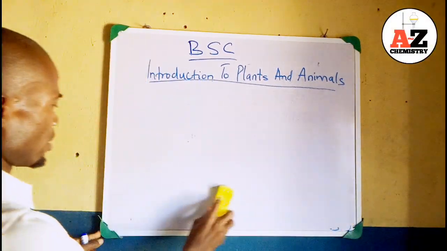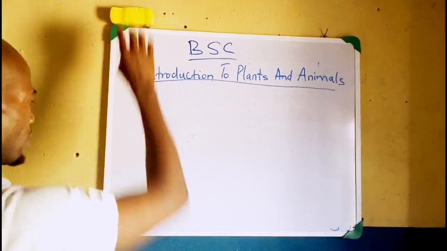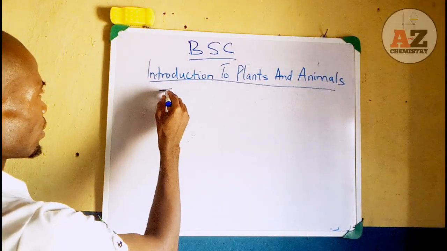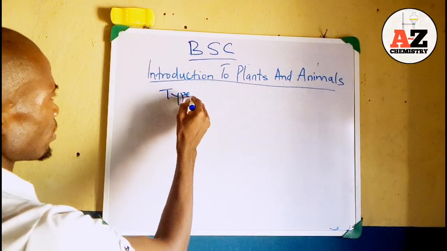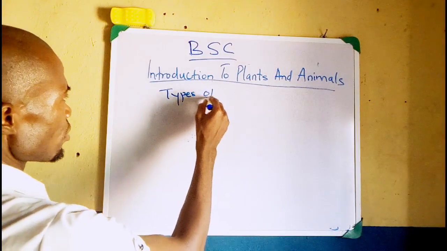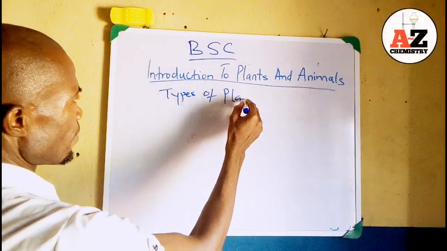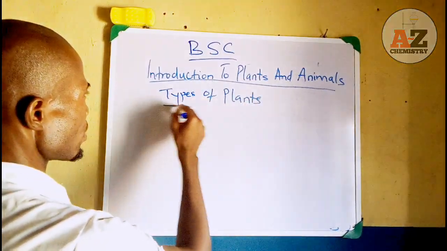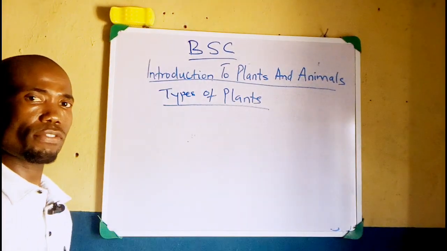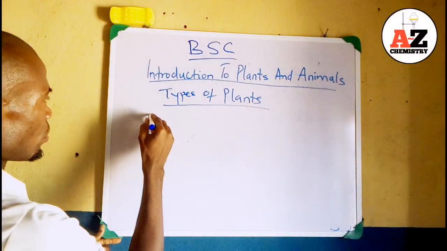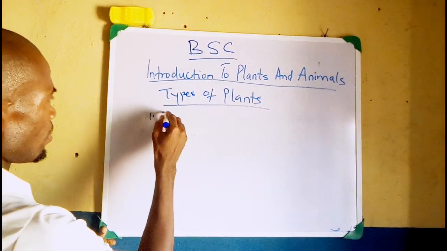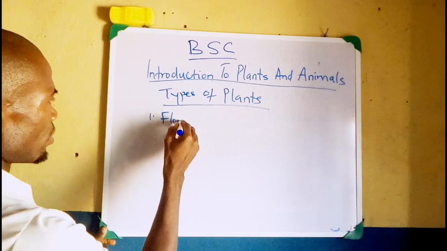So the next thing we'll be looking at is types of plants. We have 4 major types of plants. Number one is flowering plants.